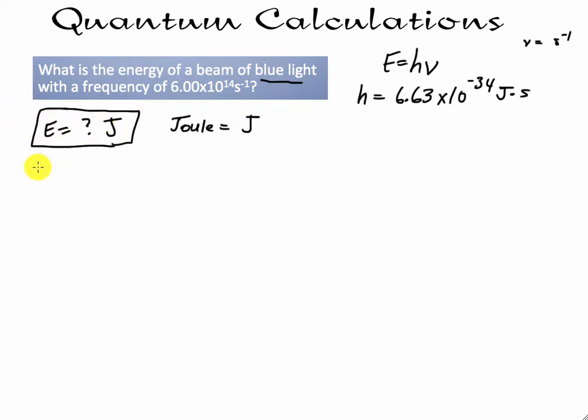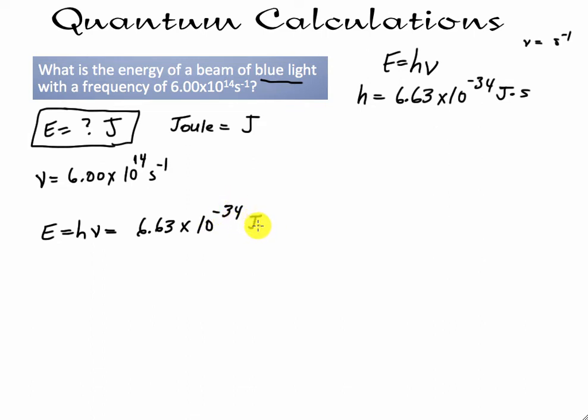All right, what we're given is frequency. We know that the frequency is 6.00 times 10 to the 14 inverse seconds. We're just simply going to plug right into this equation. So E equals H times nu, when H is 6.63 times 10 to the minus 34.